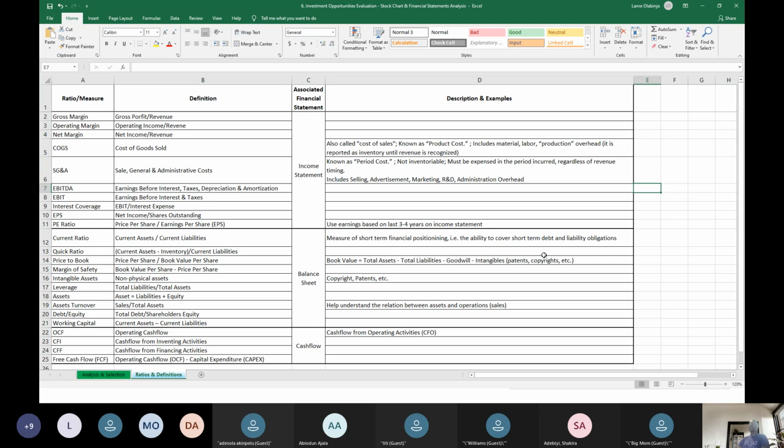I explained that the price to earnings ratio should not be used in isolation. Rather, it should be used in comparison between companies, just like the EPS. If I have a company that has a price to earnings ratio, Bro Williams, you have a question?